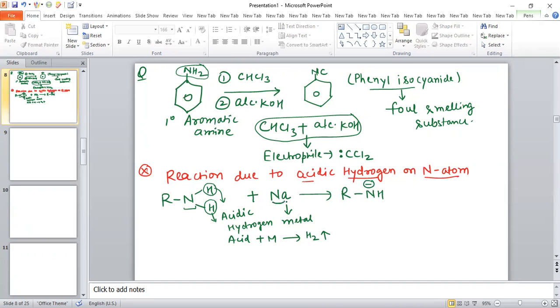Sodium also loses an electron and converts into Na plus. So this NH minus will be surrounded by Na plus, and hydrogen gas is liberated, due to the acidic hydrogen on the amine.